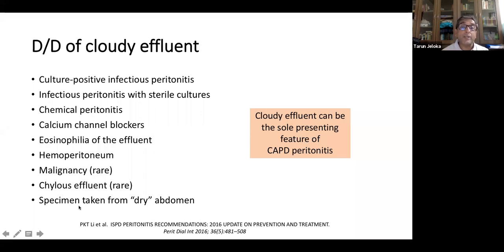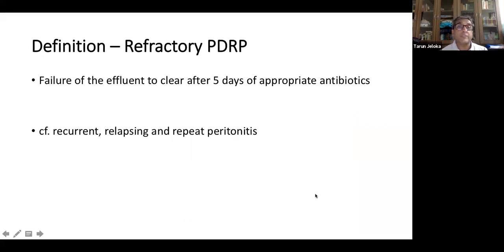Malignancy and chylous effluent can all lead to cloudy effluent. Sometimes a dry abdomen. What do you mean by dry abdomen? For example, somebody is on night dry. So the first time he drains out after a dry abdomen for 12 hours, it may look cloudy. Okay, these are all mentioned in books. You can go through them. I'm just pointing out that these are questions which may be asked.